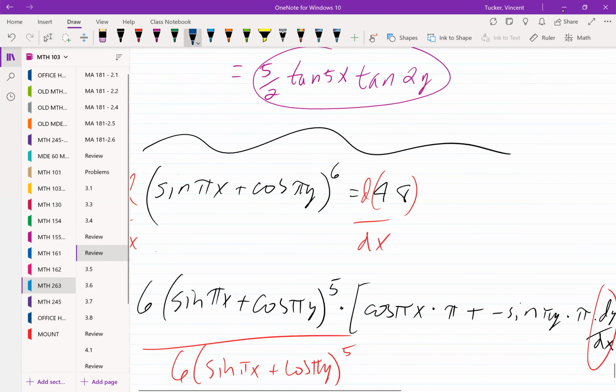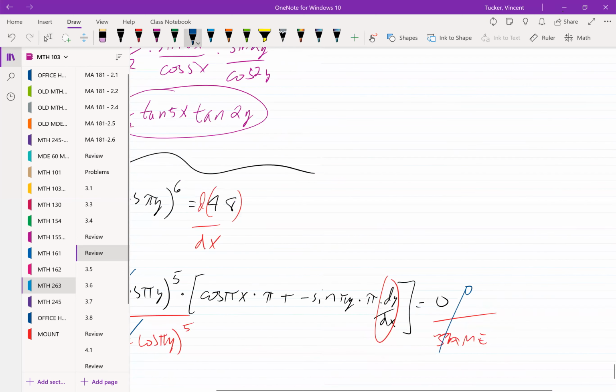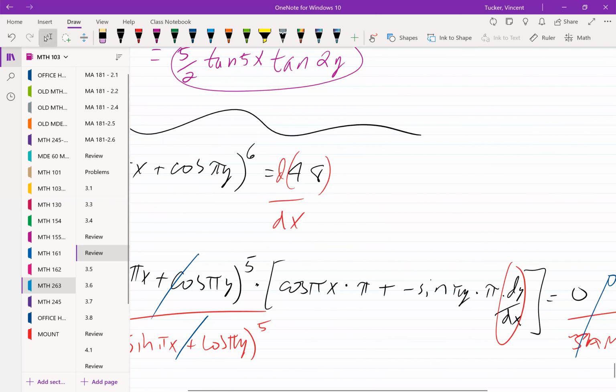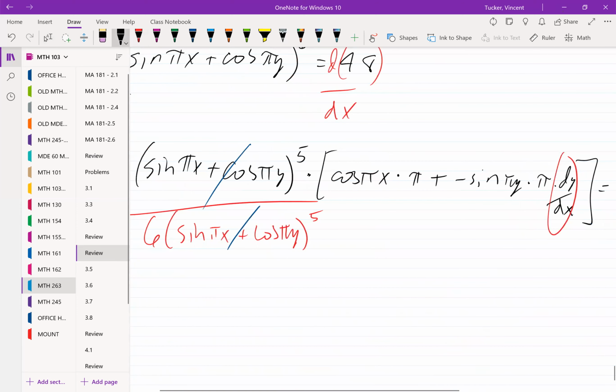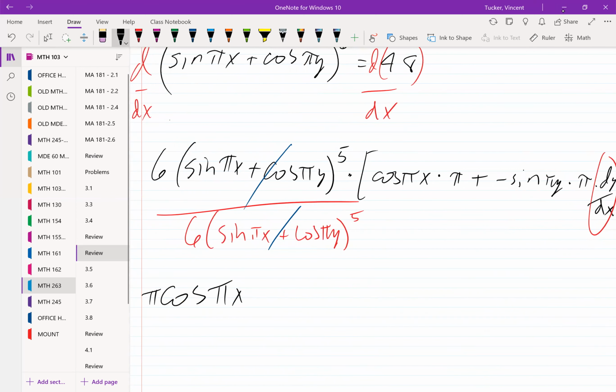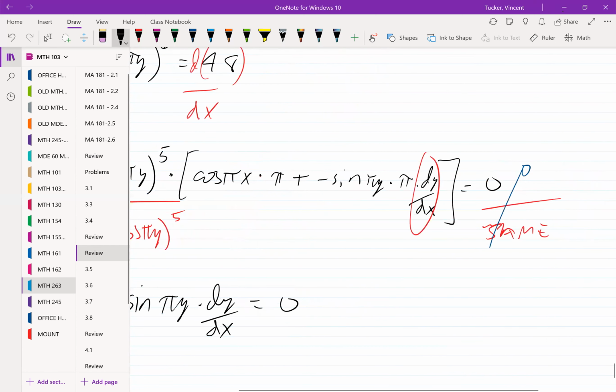So this cancels, but this is just 0. So what you're left with is pi cosine pi x minus pi sine pi y times dy/dx equals 0. All right, so we should be okay with that.